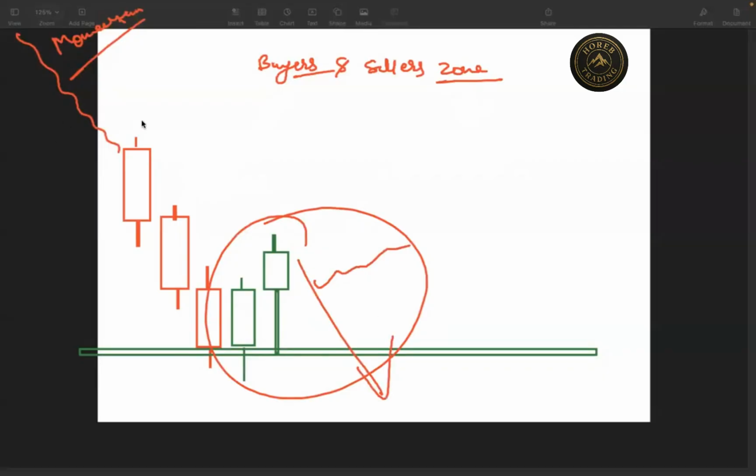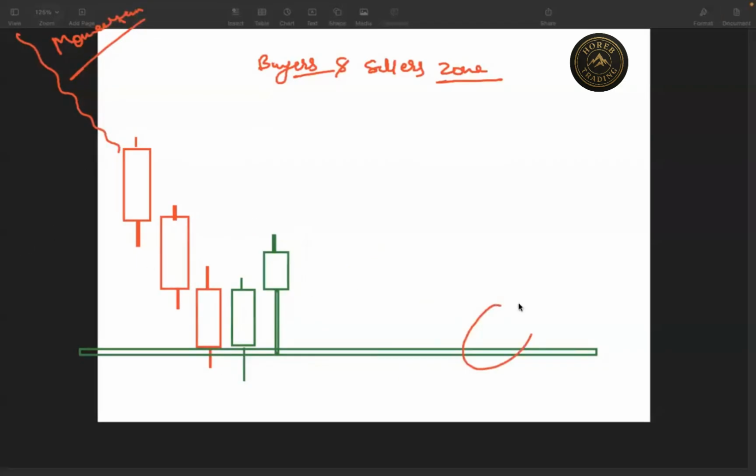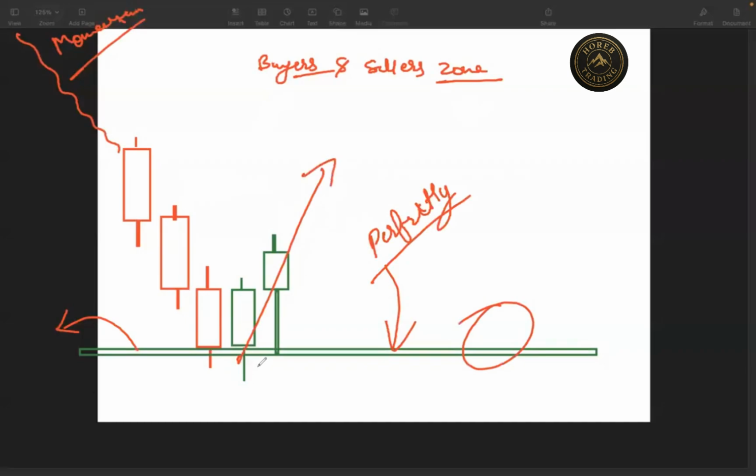So it's very important to know the pressure that is coming. This one is perfect. It's perfectly respected if we have this buyer's candle that is strong, at least with a volume higher than the 2 previous volumes.